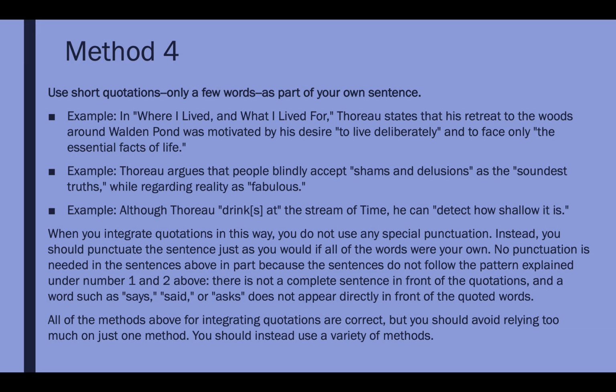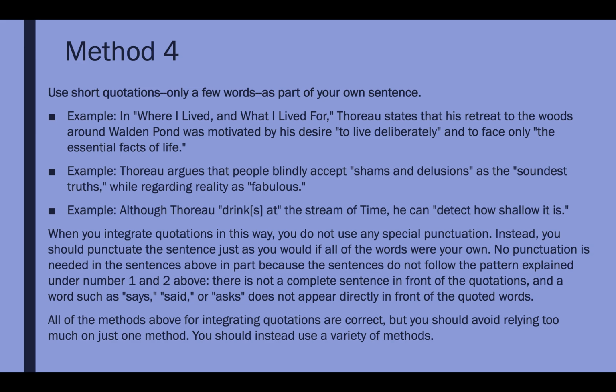Method number 4. Use short quotations, only a few words, as part of your own sentence. For example, in Where I Lived and What I Lived For, Thoreau states that his retreat to the woods around Walden Pond was motivated by his desire, between quotes, to live deliberately and to face only, between quotes, the essential facts of life.